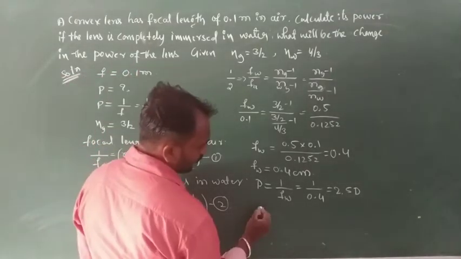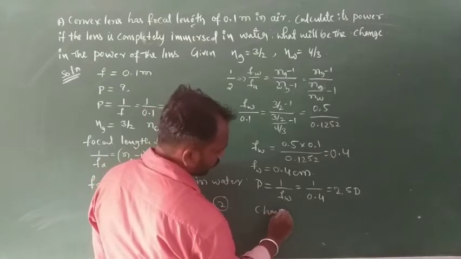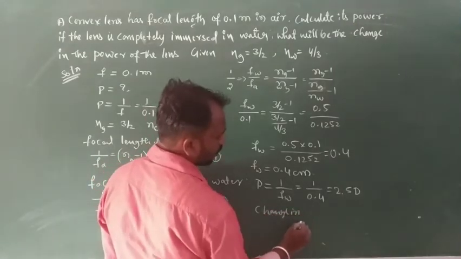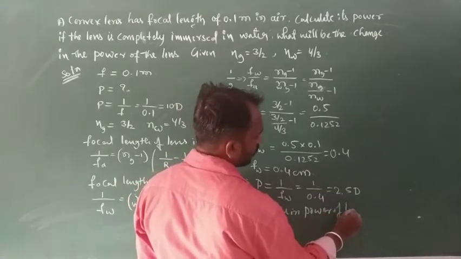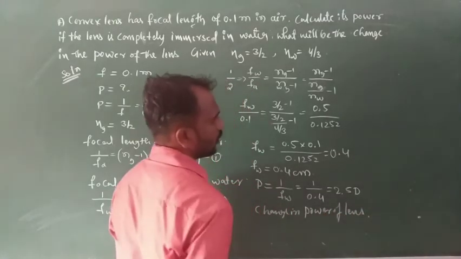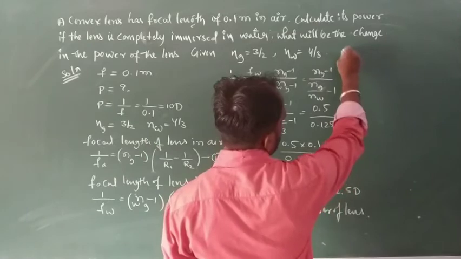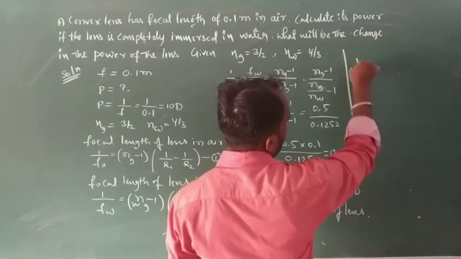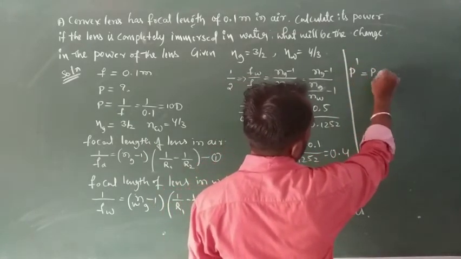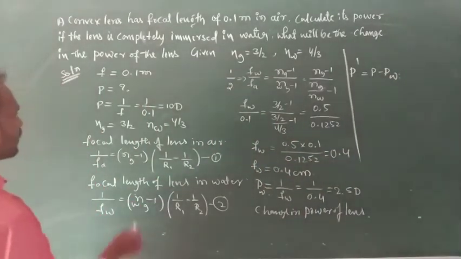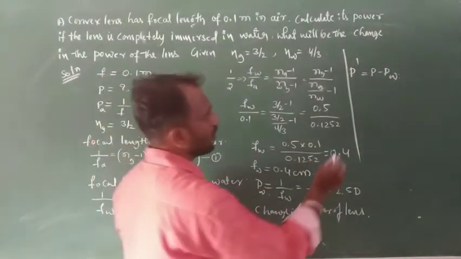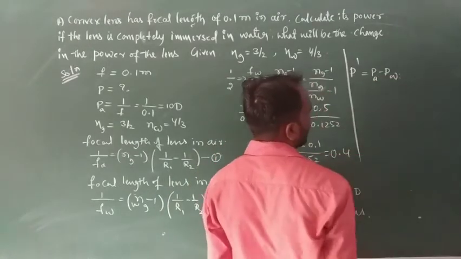So the change in power of the lens, we consider P dash, is equal to PA minus PW. Here PW is the power in water, and A means the lens present in air.